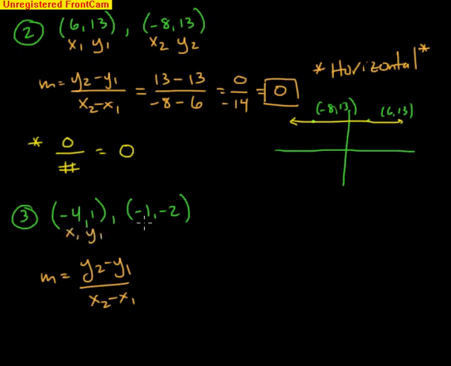Label your points x1, y1, x2, y2. When you plug them in, negative 2 minus 1. Negative 1 is x2 minus a negative 4.